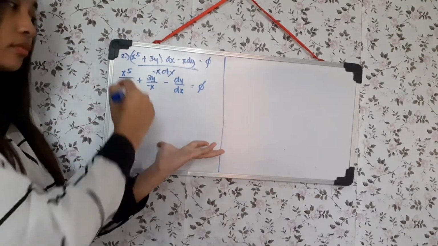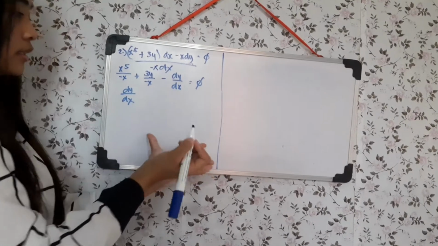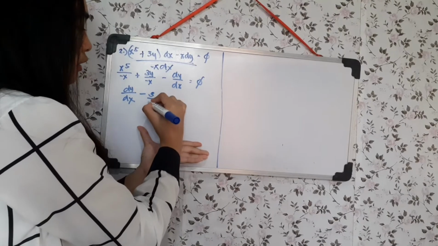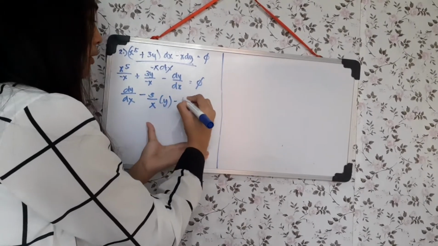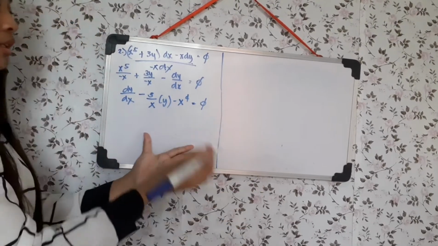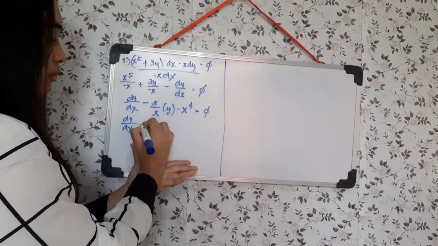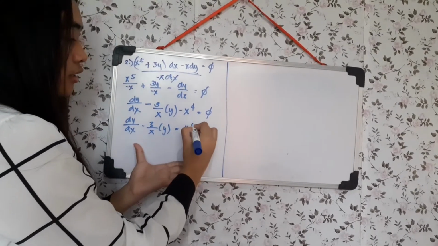Then transpose, so dy over dx minus 3 over x y minus x to the 4th is equal to 0. Then transpose, you have dy over dx minus 3 over x y is equal to x^4.